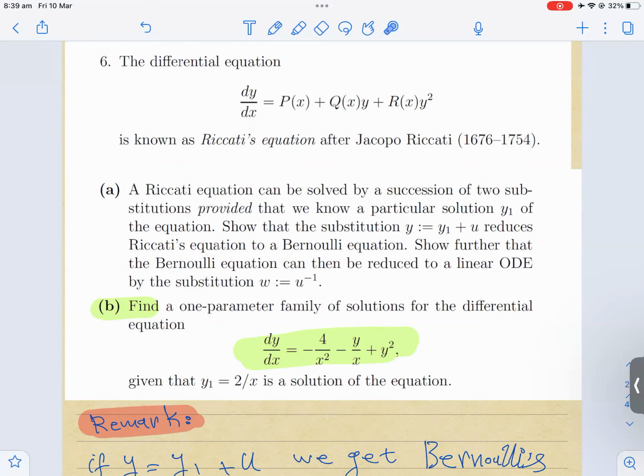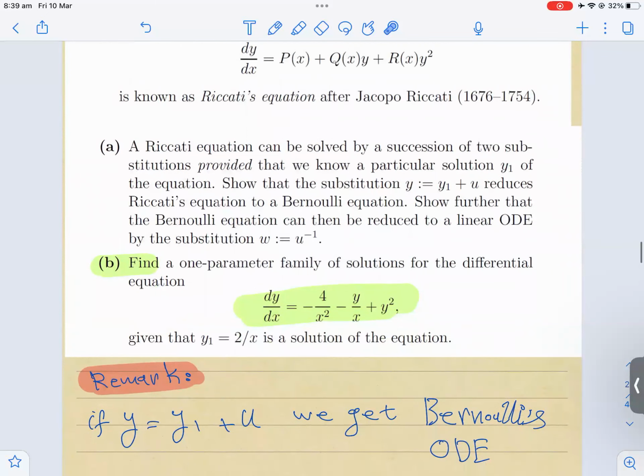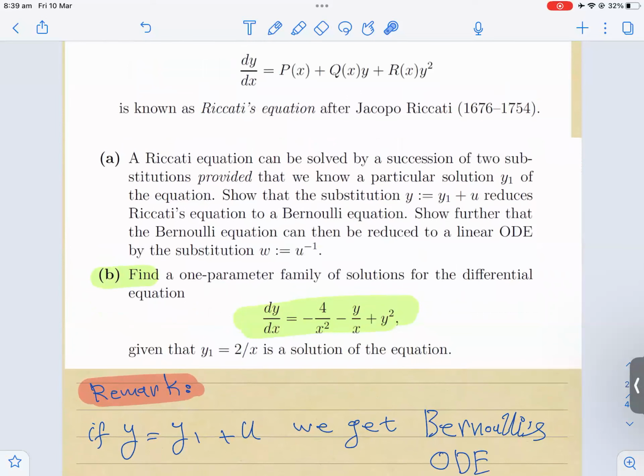Okay, sorry, I sometimes lose my speech. This means that determining the method is important. Now, Riccati is one of those.